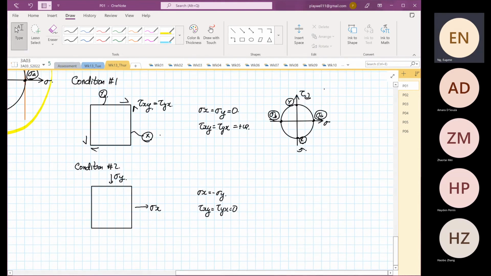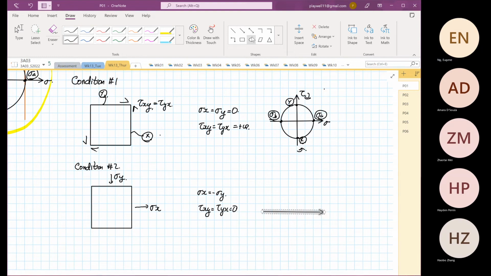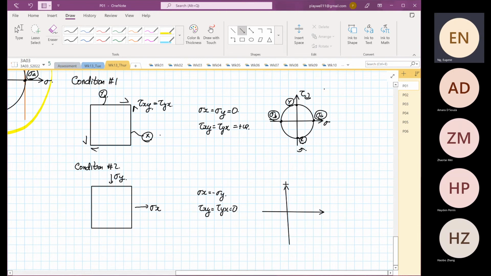When we plot this out, we get exactly the same thing. A small Mohr's circle: this is our point X, this is our point Y, and then we construct Mohr's circle again. Over here this is our stress A, and over here this is our stress B. Again, you get that same circle.